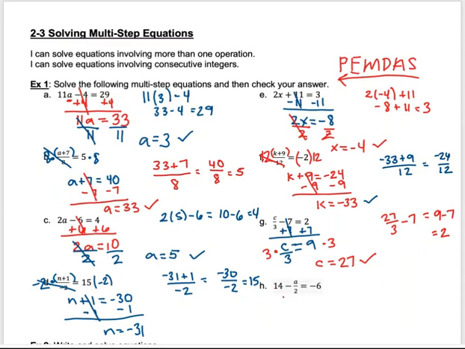For H, I have 14 that's not attached to this division at all. So I'm going to get rid of that first. Now this is a positive 14, so the way that I undo it is I subtract 14 from both sides.